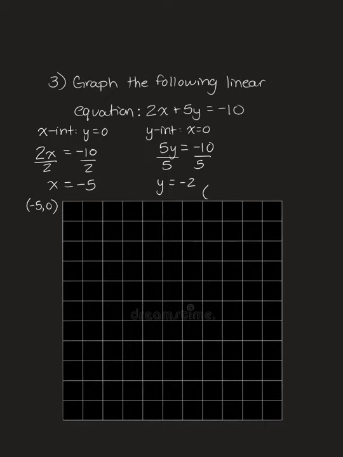So the coordinate point of your y-intercept is 0, negative 2. So if I graph these 2 points, negative 5, 0 is right here, and 0, negative 2 is right there, then I can draw the line, and I don't have a ruler, so my line's going to be a little crooked.